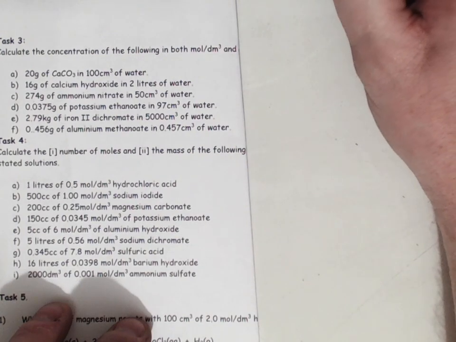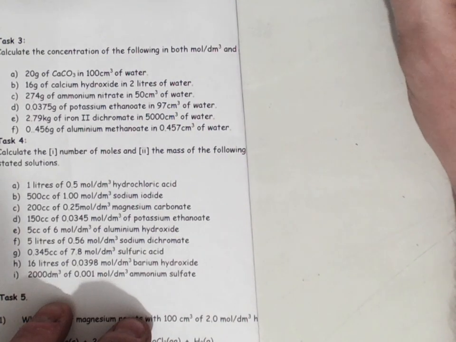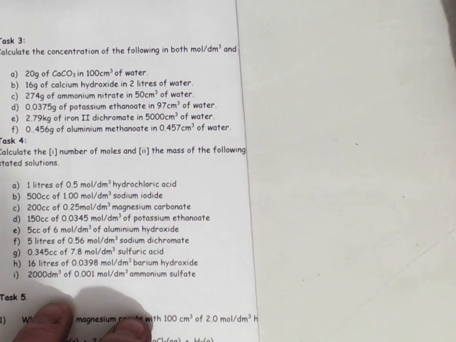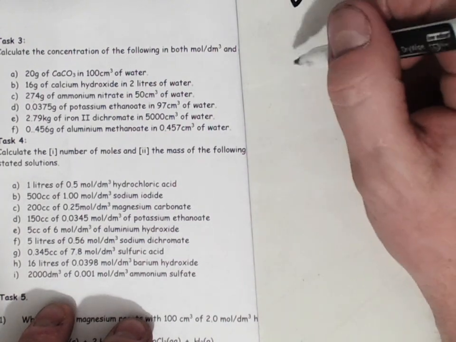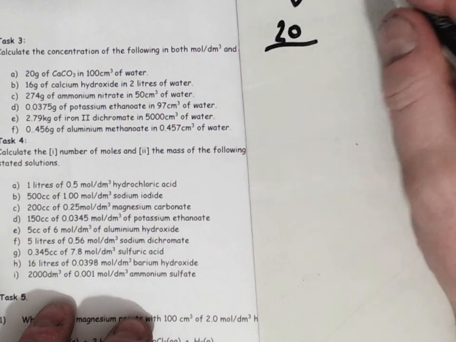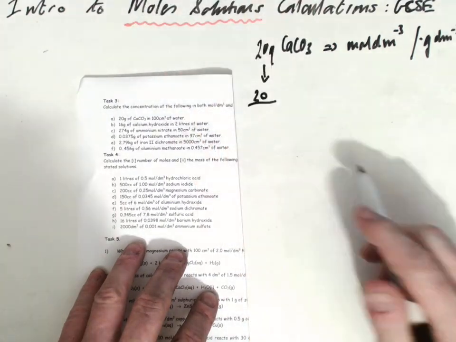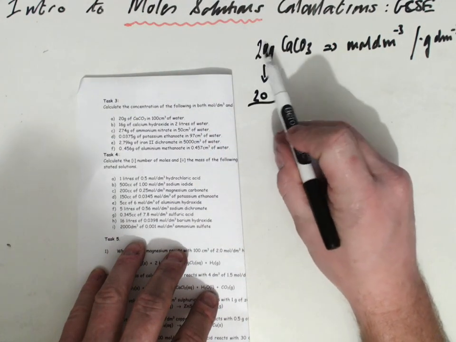Right, okay, so the first one is we've got 20 grams of calcium carbonate. The examiner has asked us to get that into both moles per decimeter cubed and grams per decimeter cubed. Remind yourself of the formulas: first we can get our moles by taking the mass divided by the RFM.